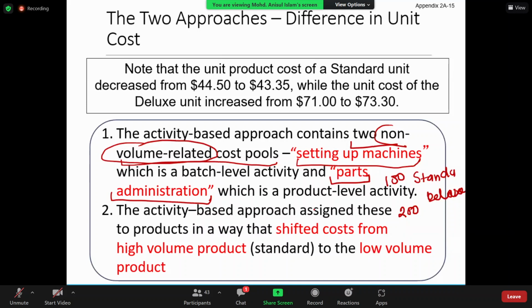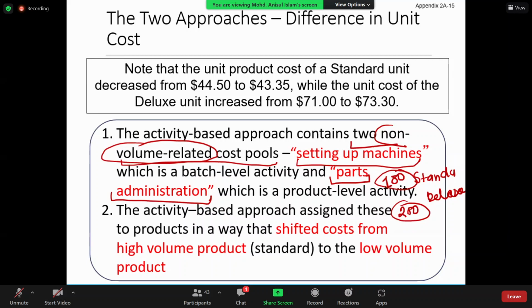You see, for a high volume product we require less cost for setting up machine and less cost for assembling parts. And for a low volume product we need more cost for assembling, because there are more parts, and we also need more setup cost.